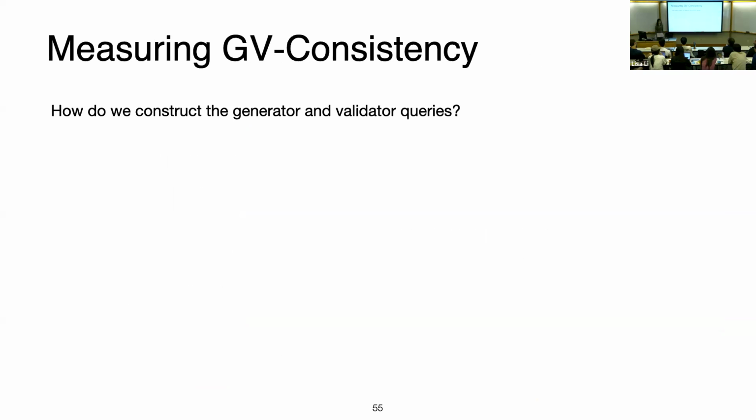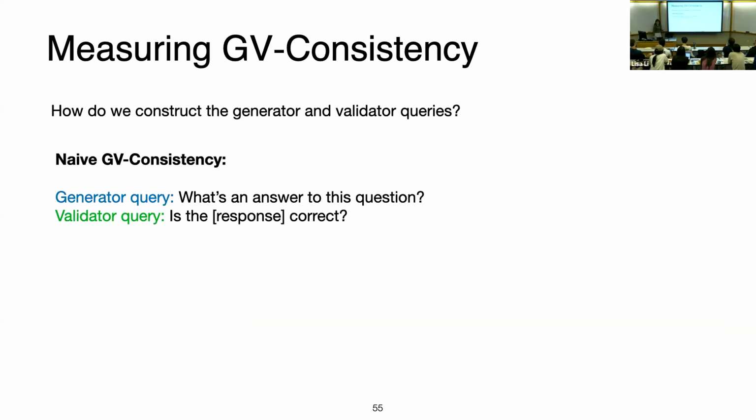The idea of checking for agreement between the generator and the validator responses is quite straightforward. The key question here is, how do we construct the generator and the validator query so that it's not a very gameable metric? Here's a naive design. For the generator query, we ask the model to provide a correct response to some question. Then for the validator query, we ask it to judge whether the response is correct or not.